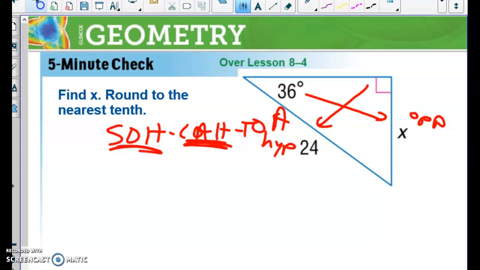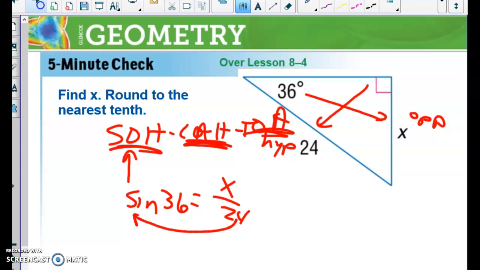Cosine is the adjacent and hypotenuse. Tangent is the opposite and adjacent. Well, in this case, we have the information for the sine of 36 is equal to the opposite over the hypotenuse, multiplying both sides by 24. And I get 24 sine of 36 gives me 14.1 for this side over here.